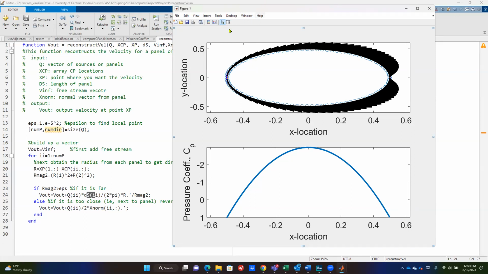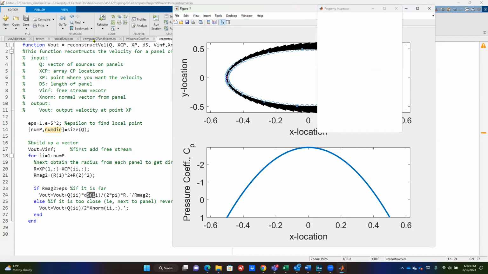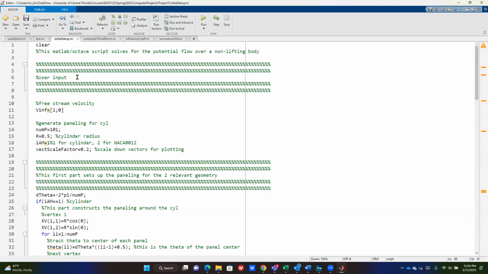If we zoom into, let's see if for some reason my zoom's not working, edit view. And let me just coarsen this just to see.